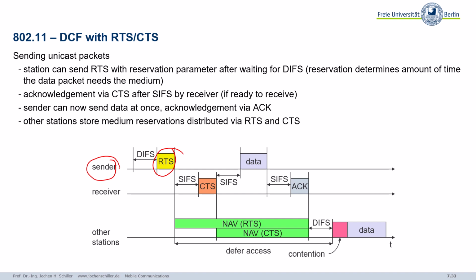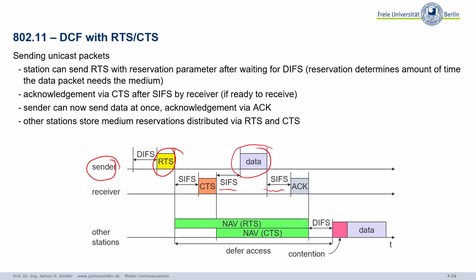But the CTS can be sent directly after waiting for a short interframe space, so that no one else can squeeze in between somehow. That's the idea. So this acknowledgement via CTS is sent after SIFS, if the receiver is ready to receive. And now you can more or less immediately, after again a short interframe space, send your data.